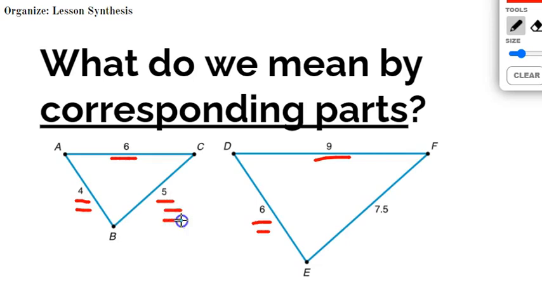And in a scaled copy, you're going to be able to go from one to the other by either multiplying or dividing by a number. And then that same number should work on the other parts as well as they transition from their corresponding piece.